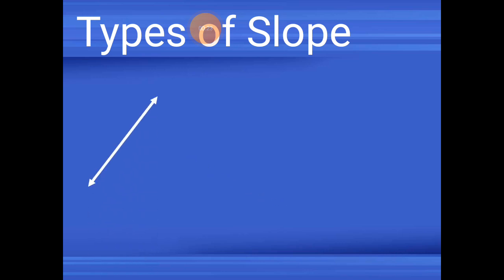If the line goes from left to right, that is a positive slope. If the line is slanting from right to left, that will be a negative slope.